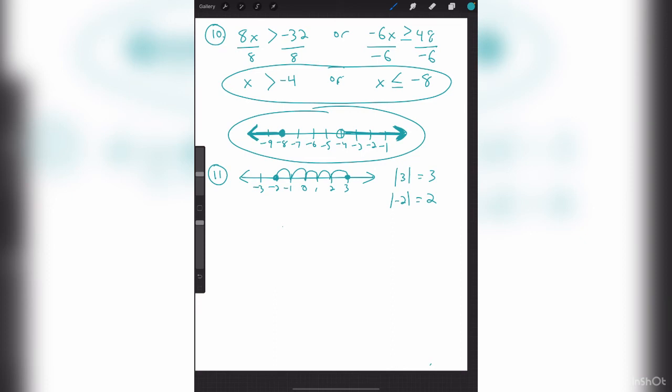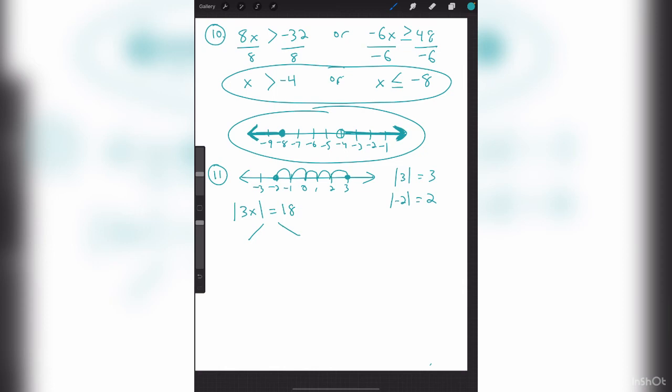Okay, so let's go through and let's take a look at number 11. And it says, solve each equation. But now, you have the absolute value of 3x equals 18. You might think, how do I find the absolute value of that? Well, what you would do is, you would break this down into 2 separate problems. Check this out.